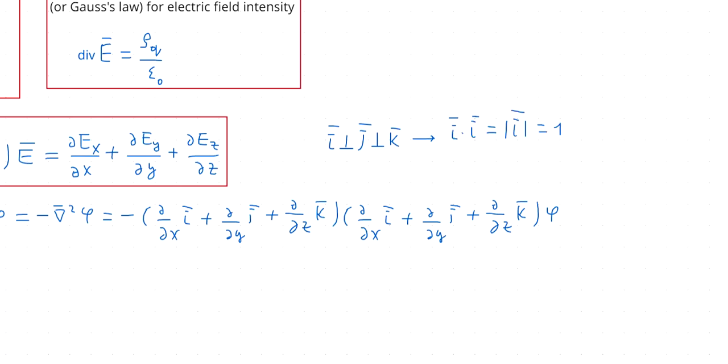And for example, i multiplied by j is equal to modulus of i, modulus of j, multiplied by cosine of 90 degrees, and this will be 0. And the same situation with the other vectors.